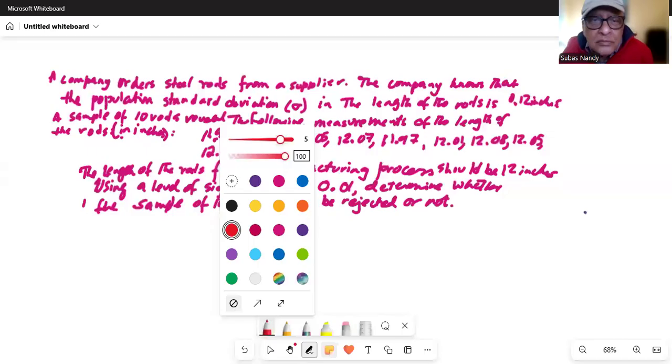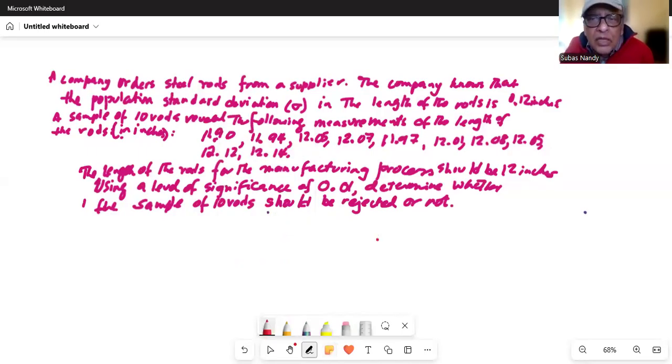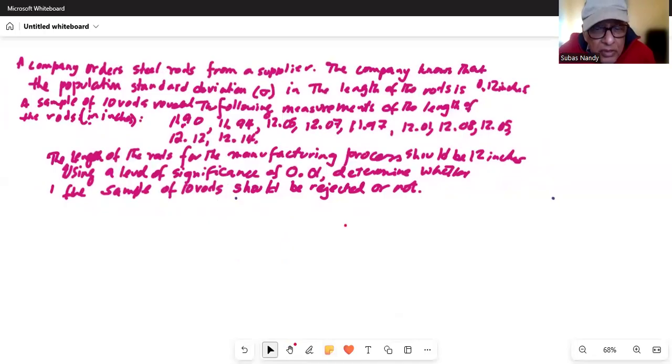We're going to solve a math problem, so I'm going to share my computer screen with you. It says a company orders steel rods from a supplier.